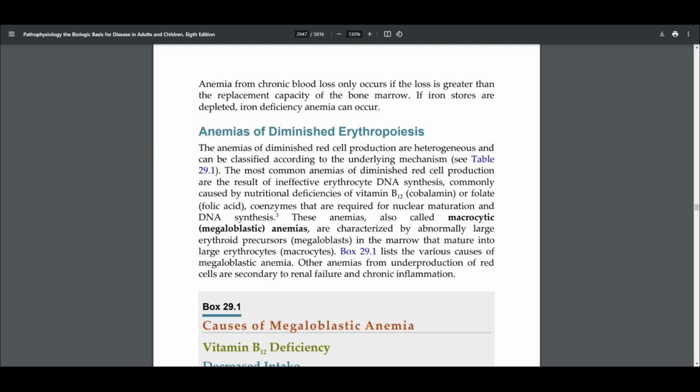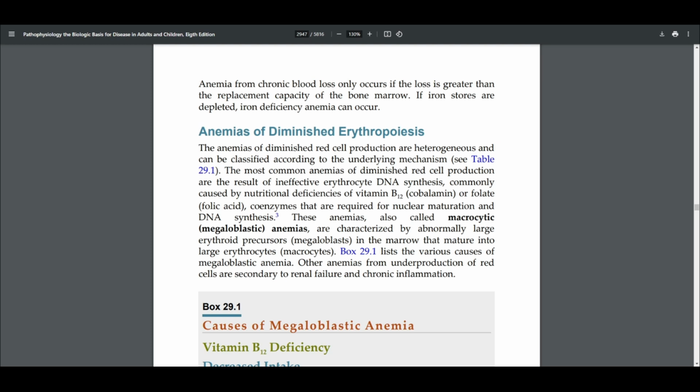These anemias are called macrocytic or megaloblastic anemias and are characterized by abnormally large erythroid precursors, or megaloblasts, in the marrow that mature into large erythrocytes.